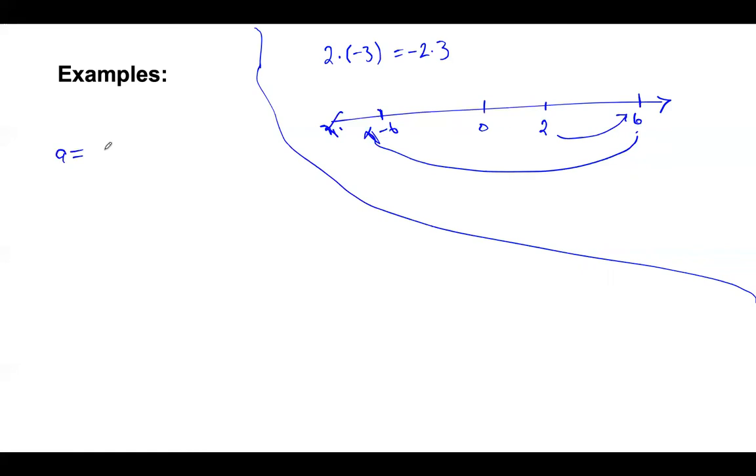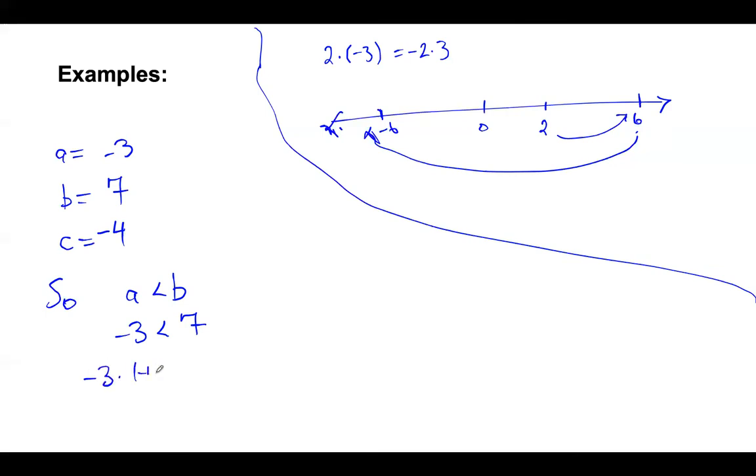Let's say we have A equals -3 and B is equal to 7 and C is equal to -4. A, of course, is less than B. So -3 is less than 7. So we want to multiply the left side and the right side by -4. So -3 times -4, and now we flip that inequality.